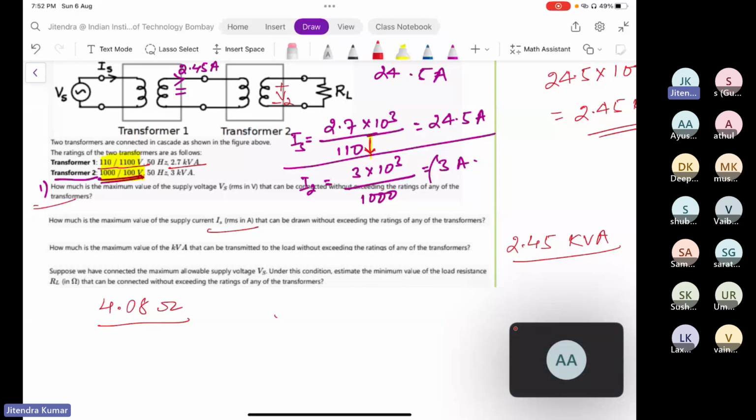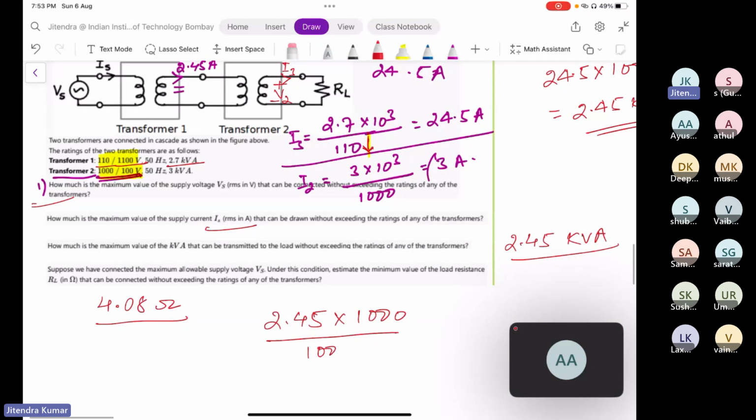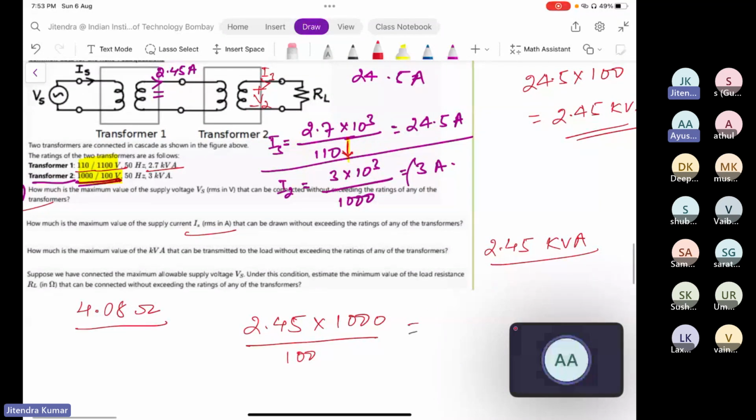Okay. So you did 2.45, since we need current here, I3. So 2.45 into 1000 divided by 100, right? This is the current. Yeah, you are right, sir.